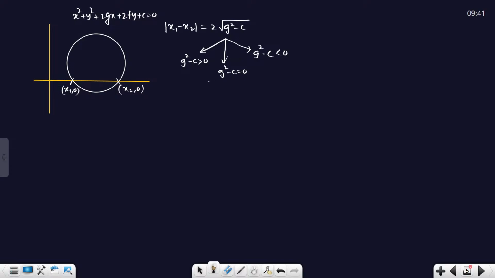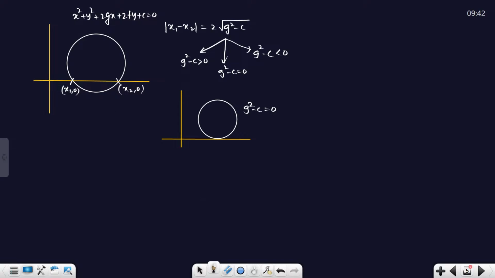If g square minus c becomes 0, then what happened? The intercepted length becomes 0. It means the circle is only touching the x-axis. Try to understand it. In that case, your circle is simply touching the x-axis, or you can say the x-axis will become the tangent to the circle, when you find that your g square minus c equals 0.